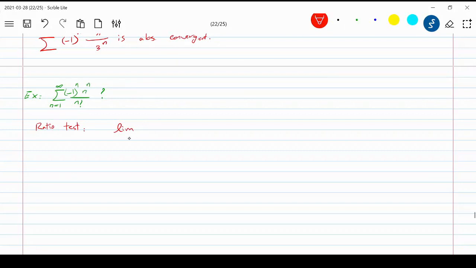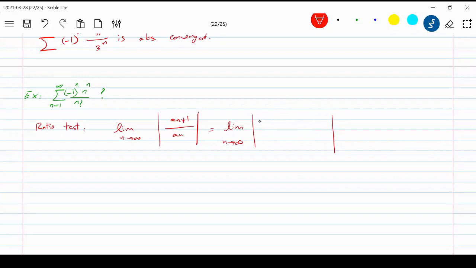Okay, so what I need to do is calculate the limit as n approaches infinity of the absolute value of a(n+1) divided by a(n). And I'm going to keep the negative 1 this time just so you guys can see.